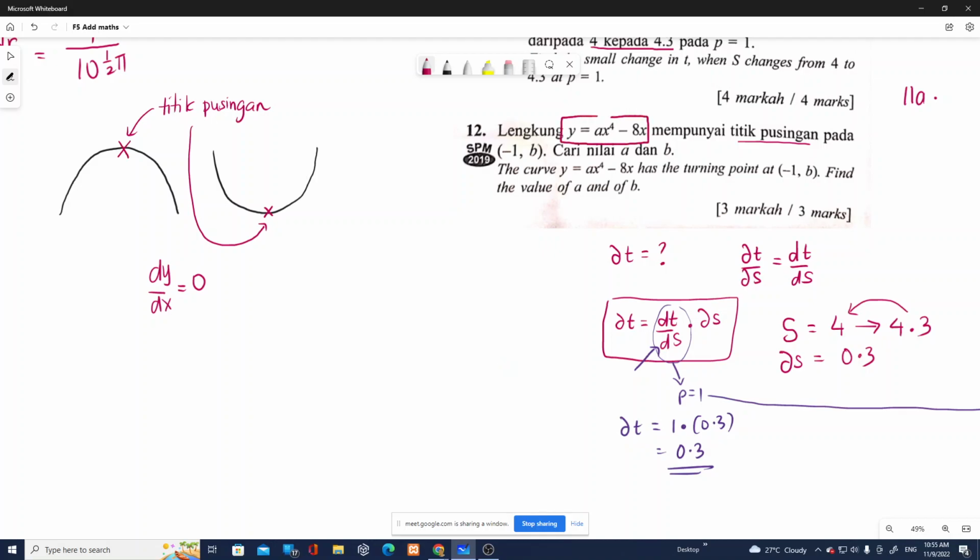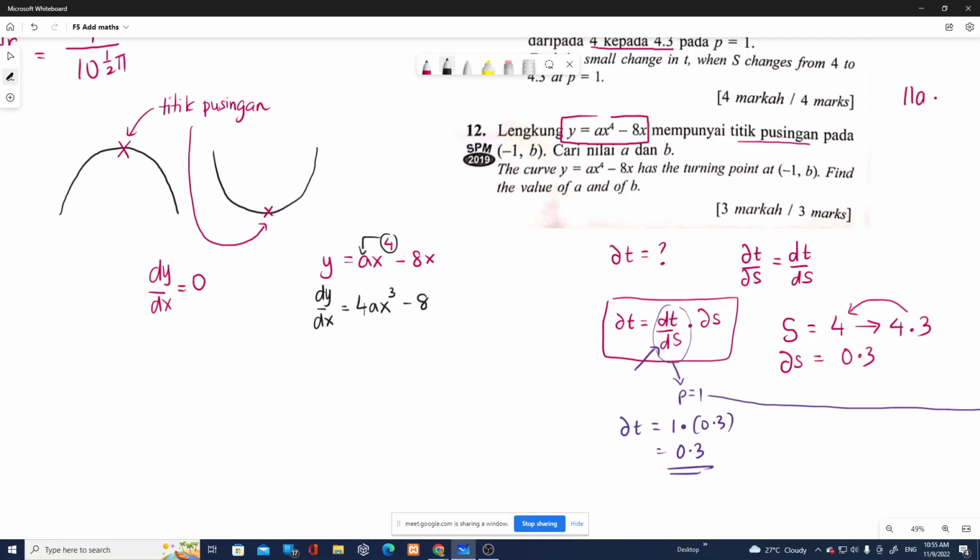Dia bagi fungsi y bersamaan dengan ax kuasa 4 negatif 8x. So kita kena dy dx kan ini dan samakan dengan kosong. So dy over dx sekarang menjadi 4 ke depan darab dengan a menjadi 4ax kuasa kurang 1 jadi 3 tolak 8.